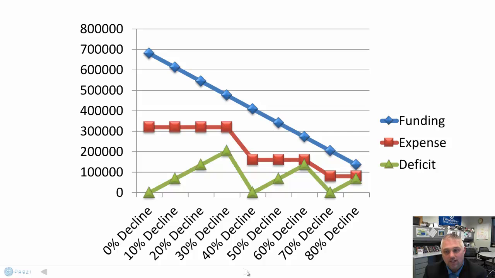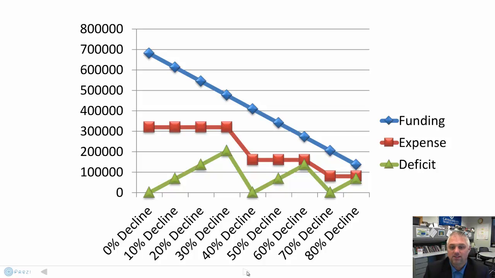Always my funding is reducing. My expenses plateau at each threshold, and then ultimately at every 40 percentile, so 40% and then 80%, I continue to have drops. So once I get to 80%, I can flatline that out, but it continues to have this duration of drops until finally I no longer exist.